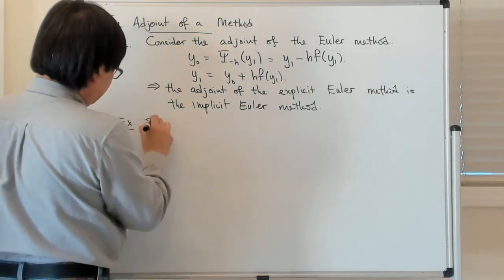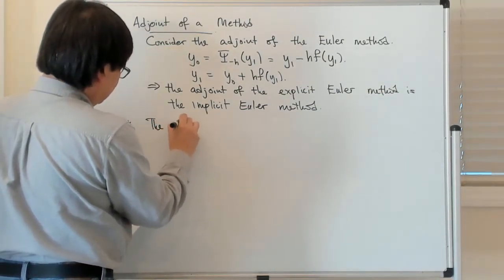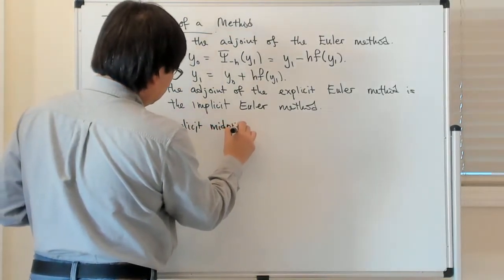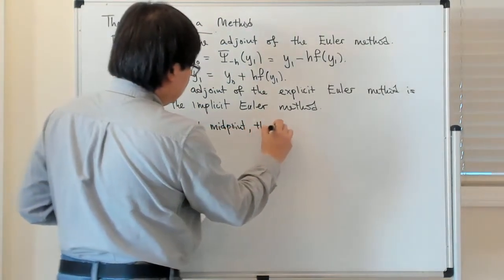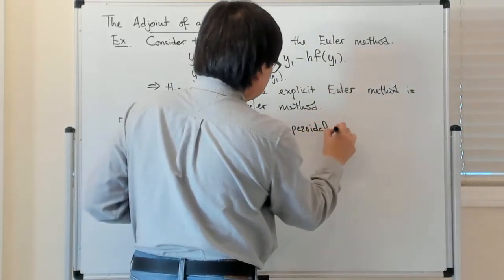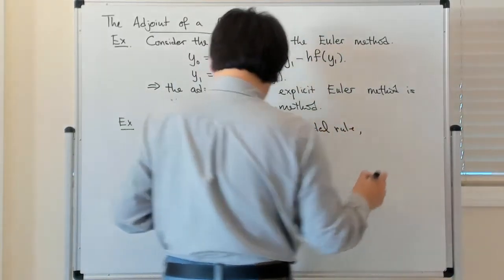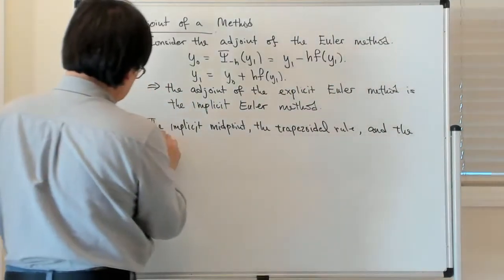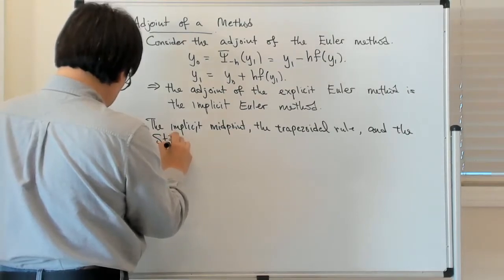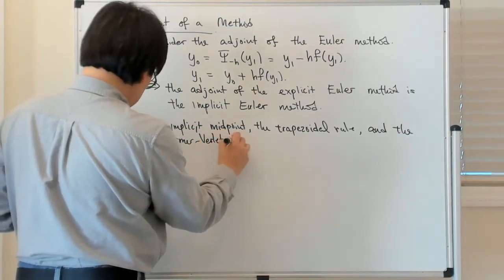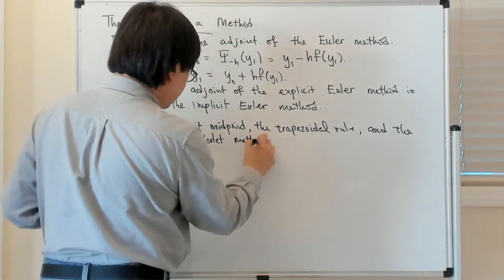The implicit midpoint, the trapezoidal rule, and the Stormer-Verlet method are all symmetric.